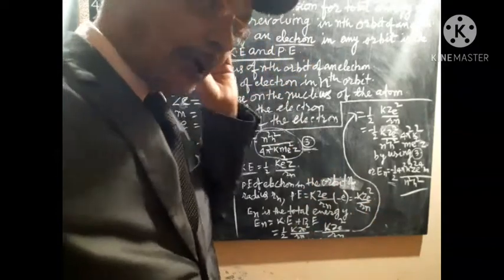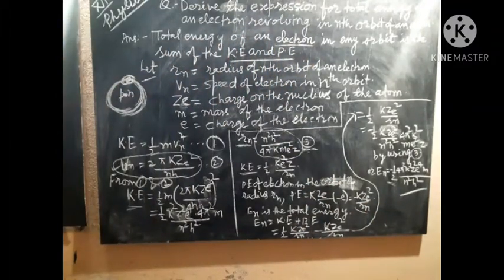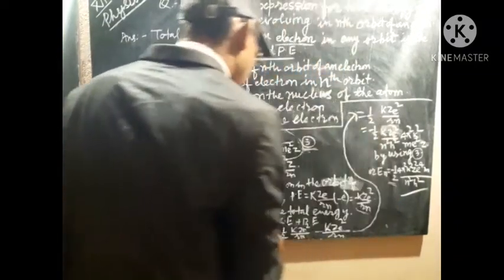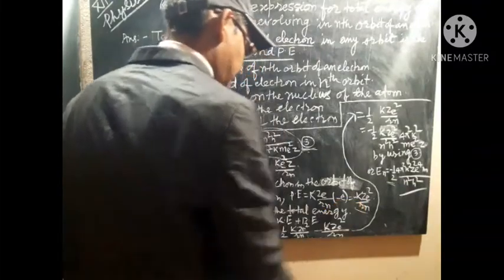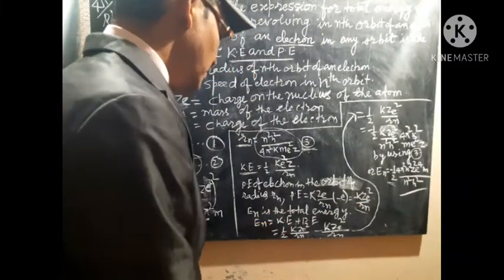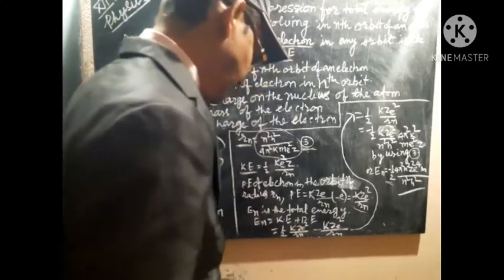En is the total energy. En is equal to kinetic energy plus potential energy.